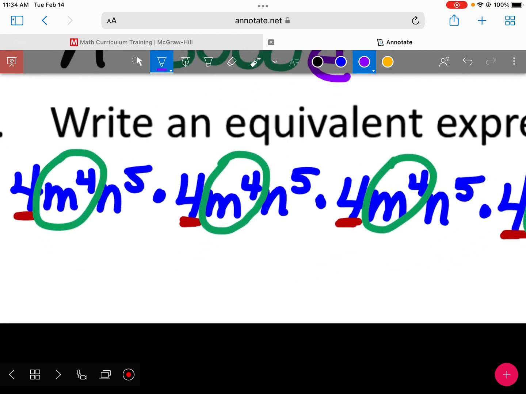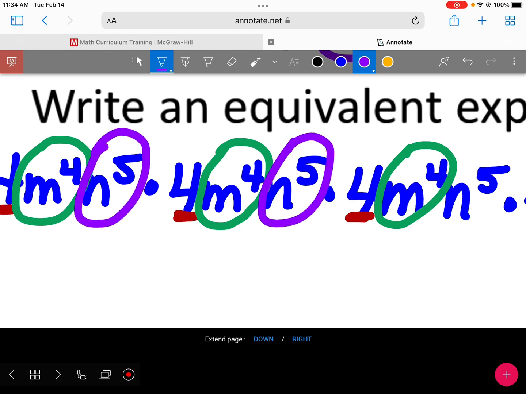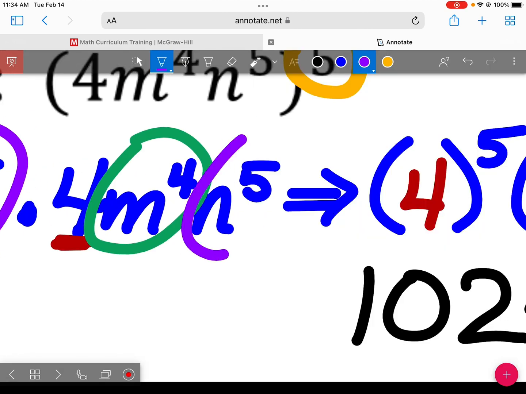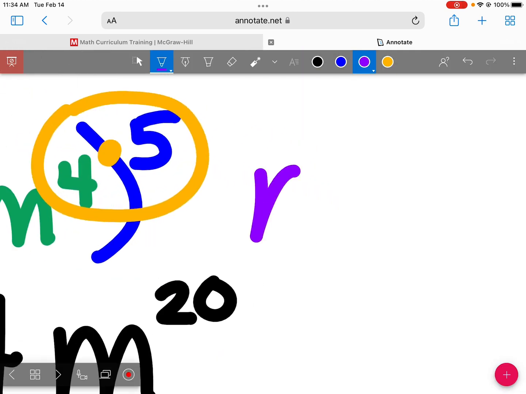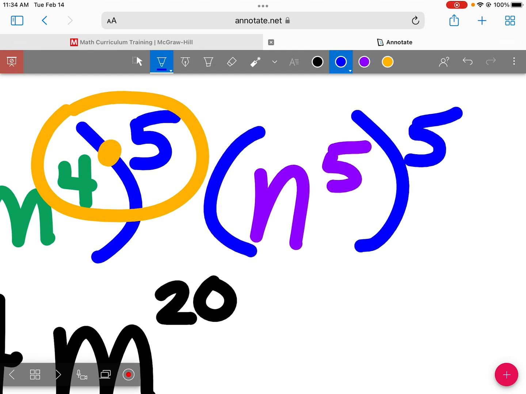What about the n to the 5ths? How many times? 1, 2, 3, 4, 5. I have n to the 5th being multiplied by itself 5 times.